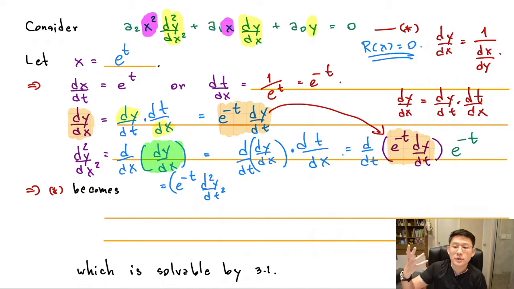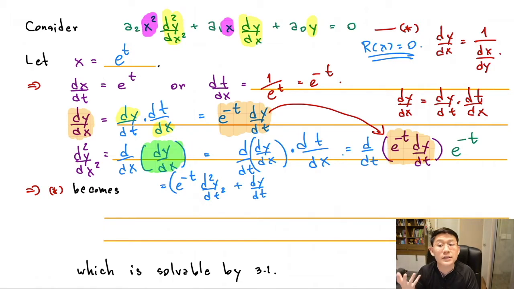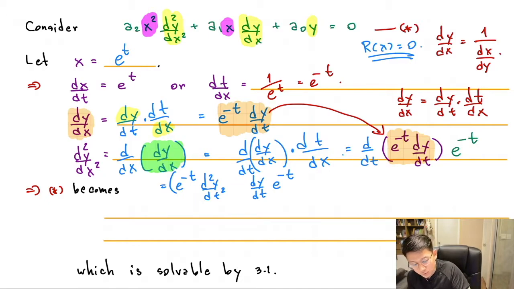You take the derivative of dy by dt, that will be the second derivative, plus v, which is dy by dt, du will be the derivative of e to the minus t, which is e to the minus t, and then you get the chain rule, you get minus here. Okay, and you get e to the minus t.